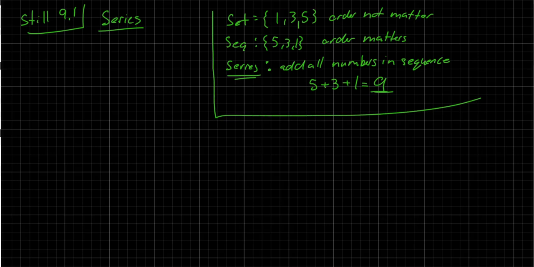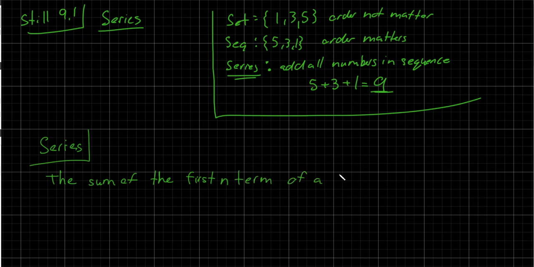But let's write the nice definitions for these. A series is the sum of the first n terms of a sequence. So we need the sequence to get our series. It is called a finite series, so we have a certain number of numbers in our series.